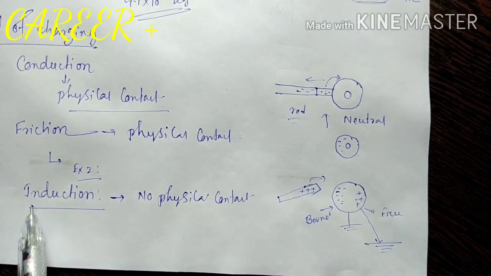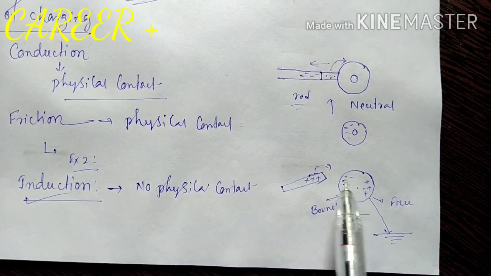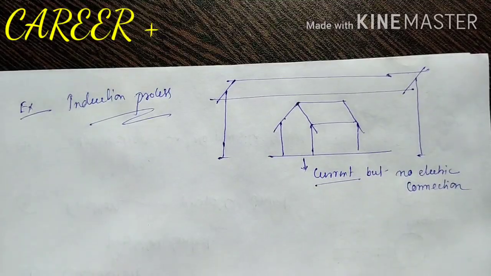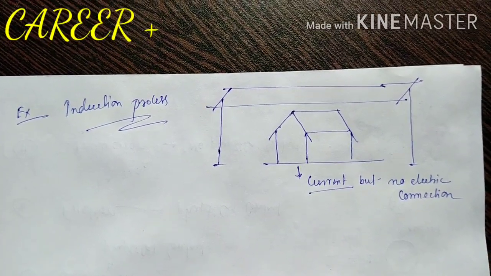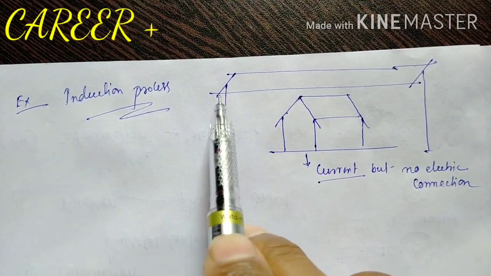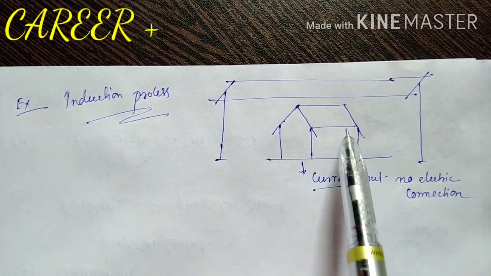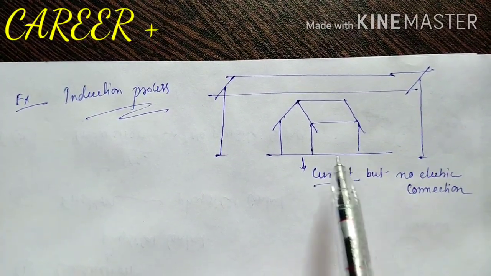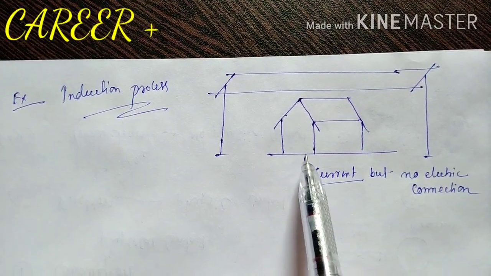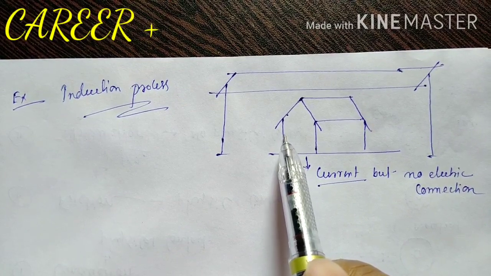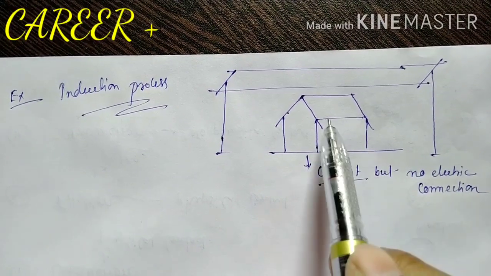So this is the process of induction, where there is no physical contact between the electrically neutral body and the charged body. I would like to mention one example of the induction process I noticed last year in electronic media news, where it was shown that there is a house but there is no electric connection in the house, but it contains current. It gives a mild shock to people when they touch the roof or some electrically conducting part of the house. But surprisingly, there was no connection.